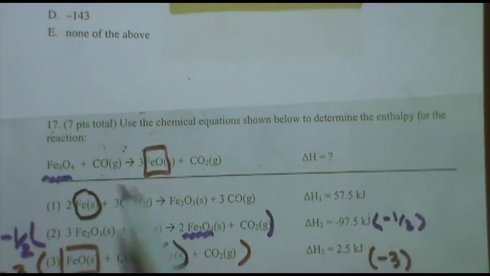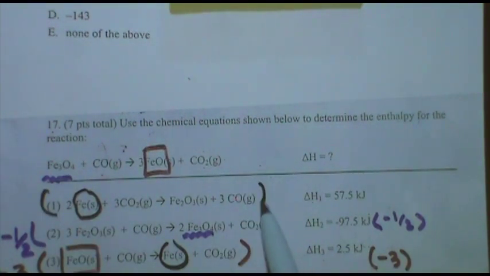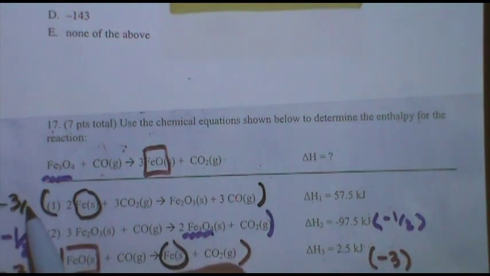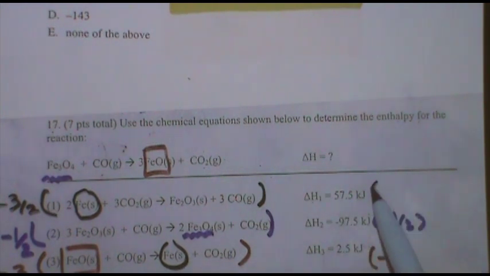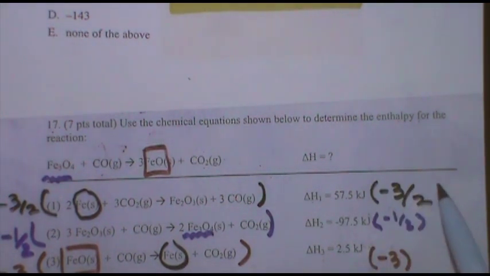We're good. So, this one is fixed. I can't change this minus 3. So, what will I multiply this first one by? Okay, minus 3 over 2. That'll make this minus 3, and this one's minus 3. Those will cancel. So minus 3 over 2.